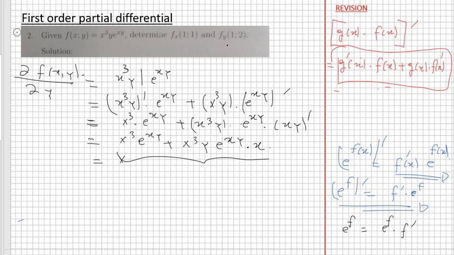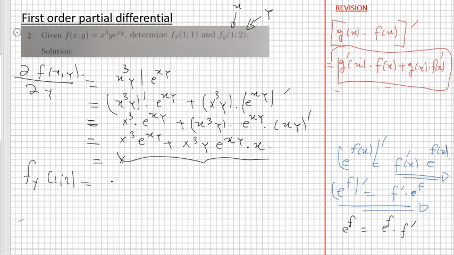So now after that, the next thing is to replace the point that is given into this expression here. So when I say f_y(1, 2) is equal to, you just need to replace x. The first number represents x and the second number represents y.